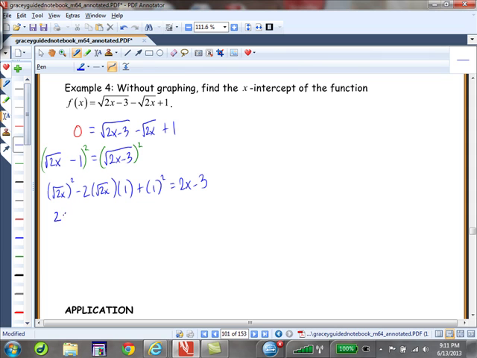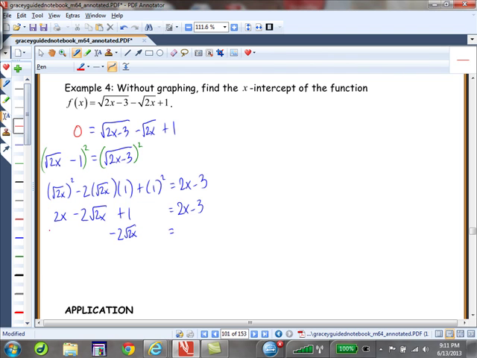So root 2x squared is 2x. We'll have minus 2 times root 2x plus 1 equals 2x minus 3. Now we need to isolate that radical. So negative 2 times root 2x will be alone on the left. I'll subtract 2x minus 1 from both sides.